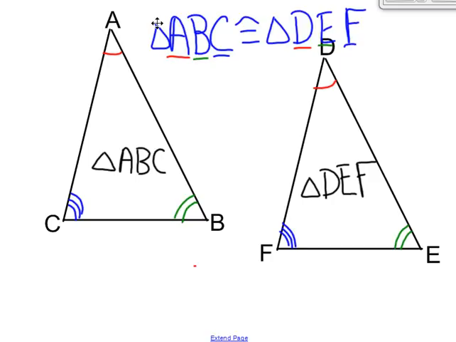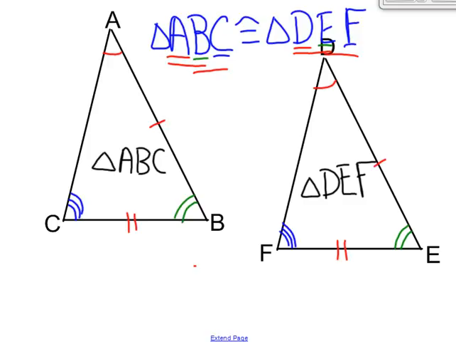And then finally, I can also do the line segments. I know that line segment AB and line segment DE are congruent. So there's AB and DE. I've marked them both as congruent. I can see the line segment BC is congruent to line segment EF. So I'll mark those.